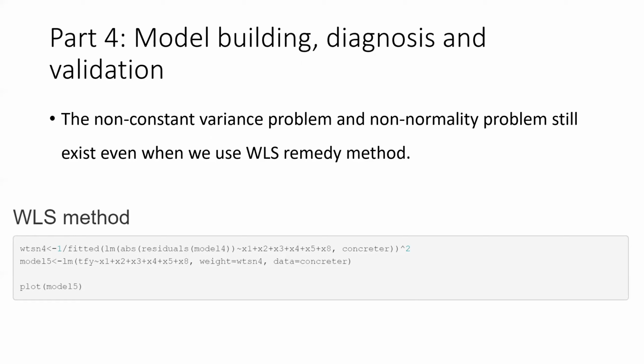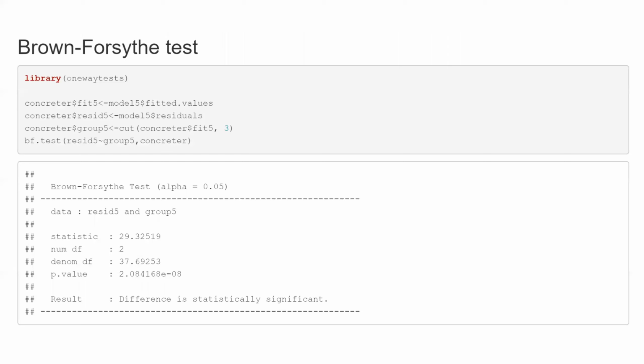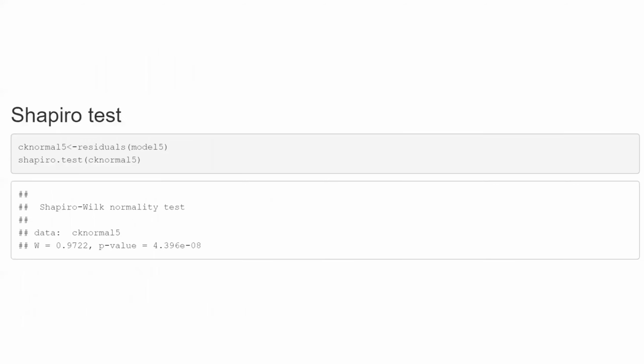For the non-constant variance, we may need to think about using the WLS remedy method. But the result is that the non-constant variance problem and the non-normality problem still exist, even when we use the WLS remedy method. The BF test results show that the difference is statistically significant.